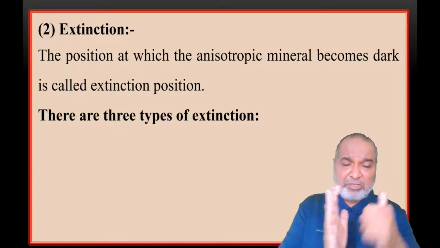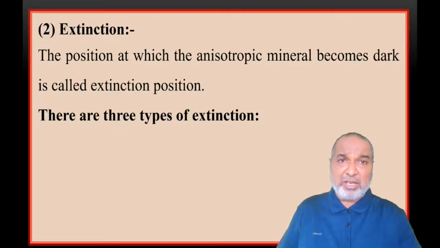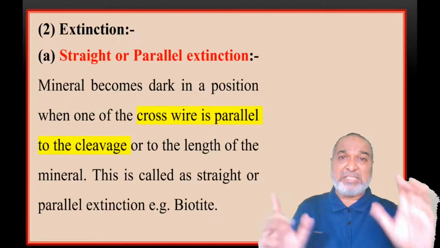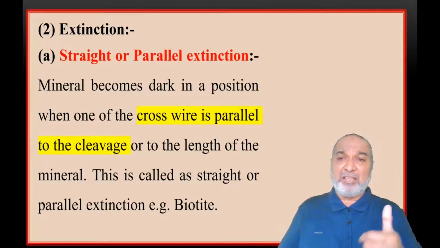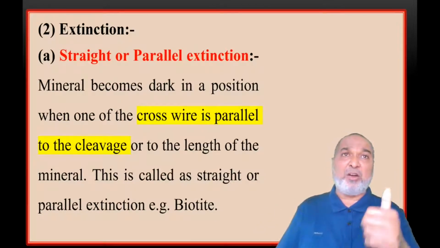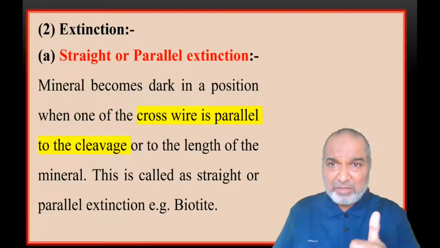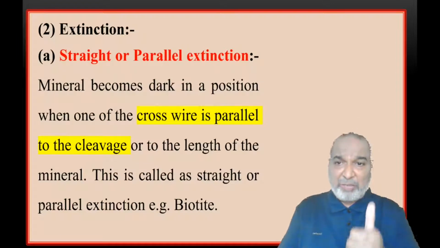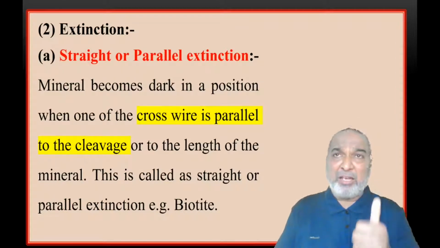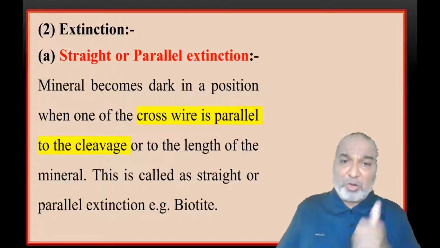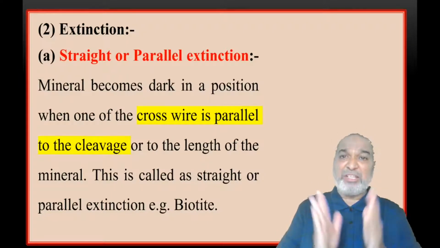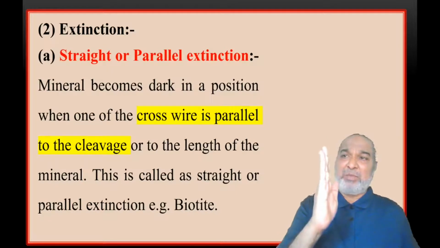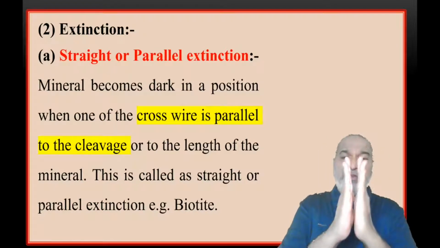Now at this stage, once you insert the analyzer, if the color of the mineral is maximum dark, shifting left or right, then that position is called straight or parallel extinction, in which the mineral becomes dark when the cleavage edges or the length of the mineral is parallel to the vertical crosswire or horizontal crosswire. That position is straight or parallel, say for example 0 degree, so the cleavage, and this is the edge or the cleavage, and this is the crosswire.